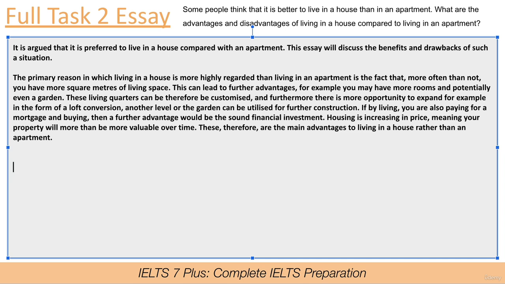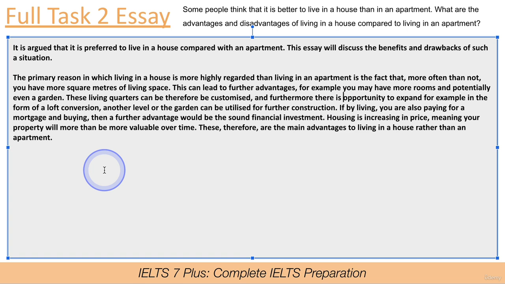And furthermore, there is maybe repetition there, opportunity to expand. For example, I think that would be nice as a separate sentence. For example, in the form of a loft conversion, another level or the garden can be utilised for further construction.